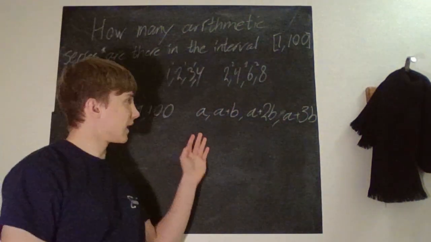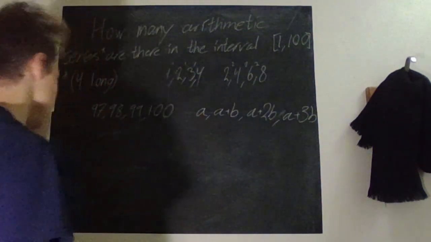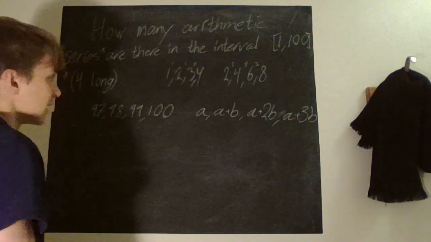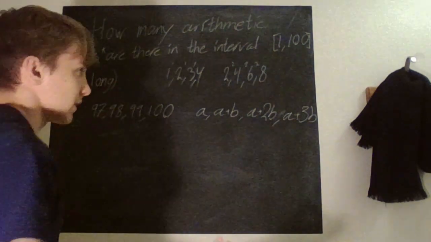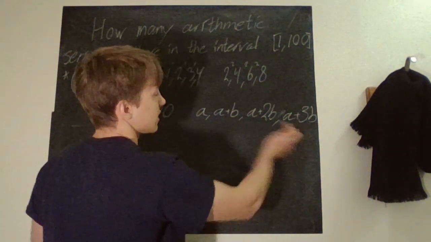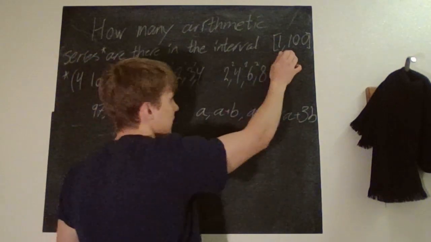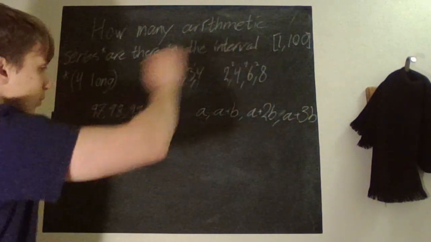Okay, and obviously a and b are natural integers. We can say more about them, but that's all for now. So this is our smallest one, and this is our biggest one. Okay, we know that all of them are within the interval 1 to 100.